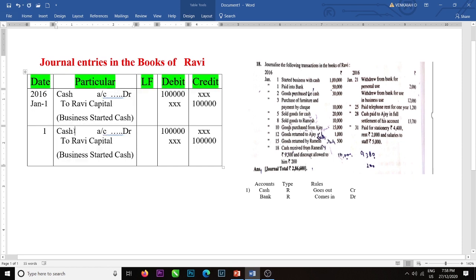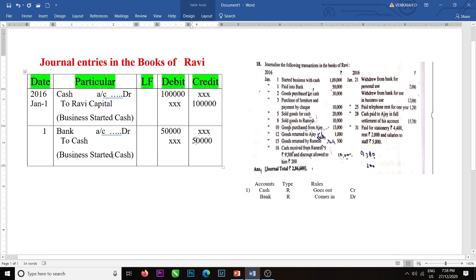I am doing this in a neat format. You have to write in your book. Bank account debit to cash account. Amount is 50,000.